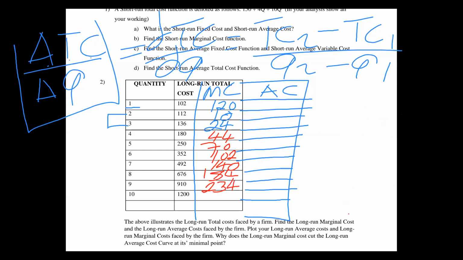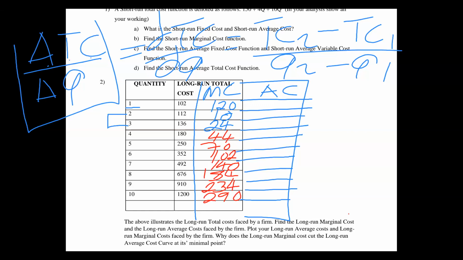What about 1,200 minus 910? 290. So that is what happens with the marginal cost in the long run.